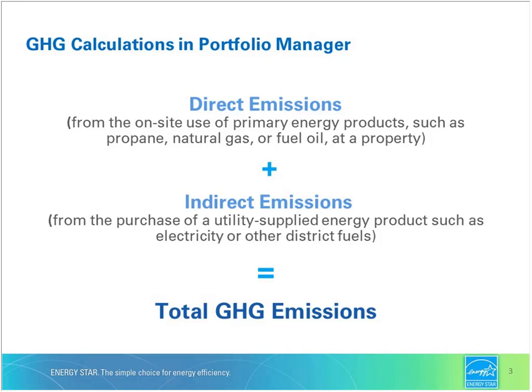Indirect emissions are those related to the purchase of a utility supplied energy product. Most commonly that's going to be grid electricity and also other district fuels that you purchase from an off-site provider like district steam, district hot water, district chilled water. Those are indirect emissions. So taken together, direct plus indirect equals total greenhouse gas emissions.